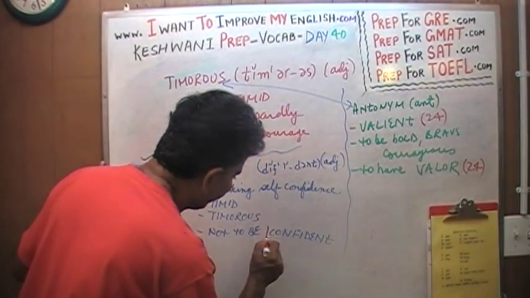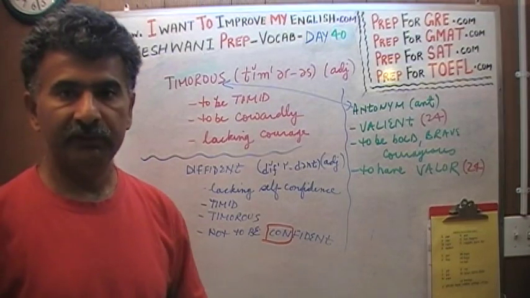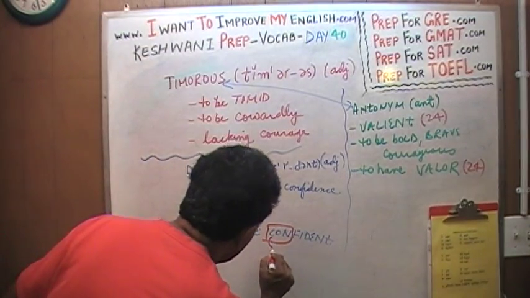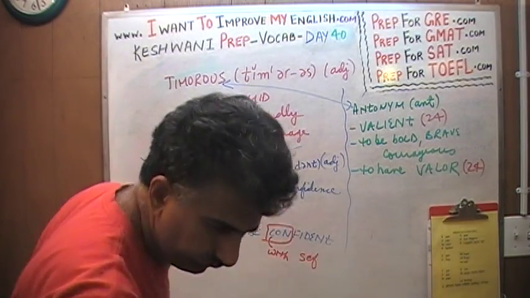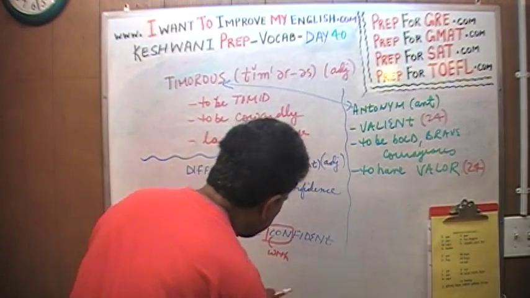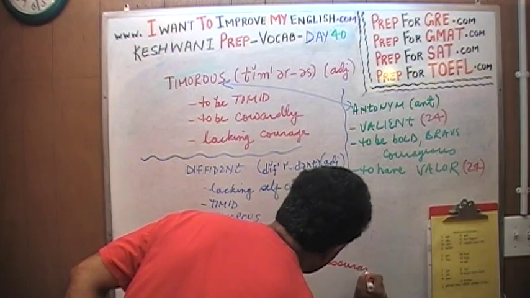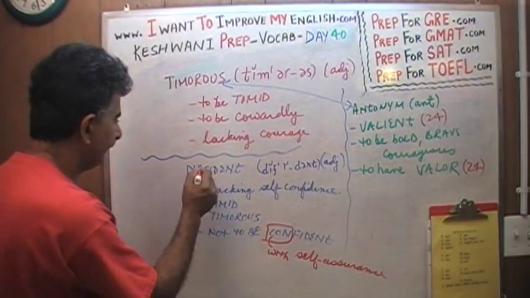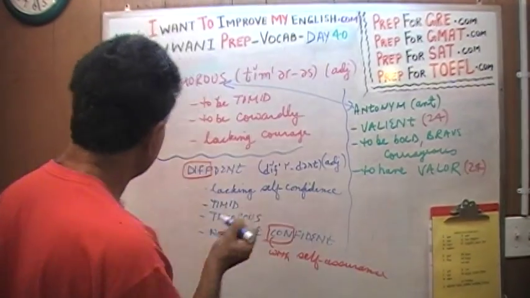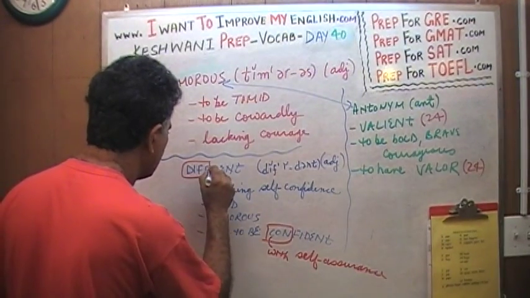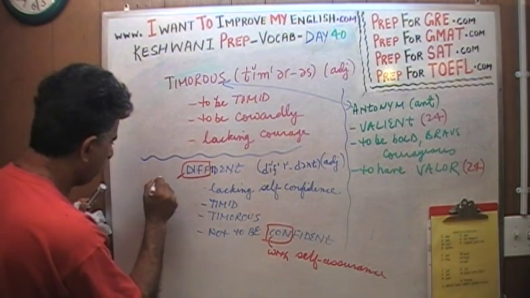Look at the prefix. C-O-N, con means with. Confident means with self-assurance. And the diffident here, D-I-F-F, this prefix diff here means without.